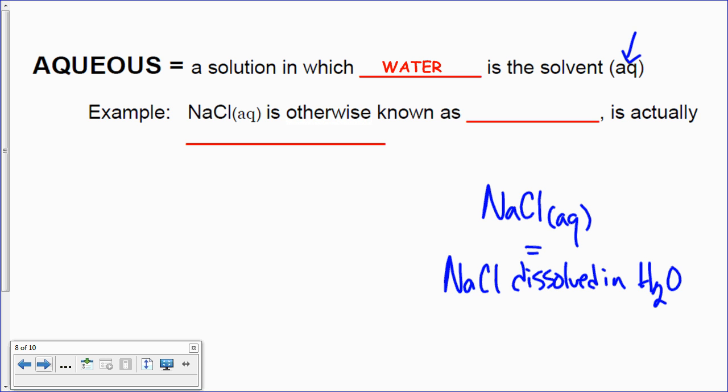So that's what the AQ means. It's much easier for me to write AQ than it is for me to write all that. That's why we came up with the symbol. So NaCl(aq), otherwise known as salt water, is actually Na+ and Cl-, because these ionic compounds break apart into their ions when they're in an aqueous situation.